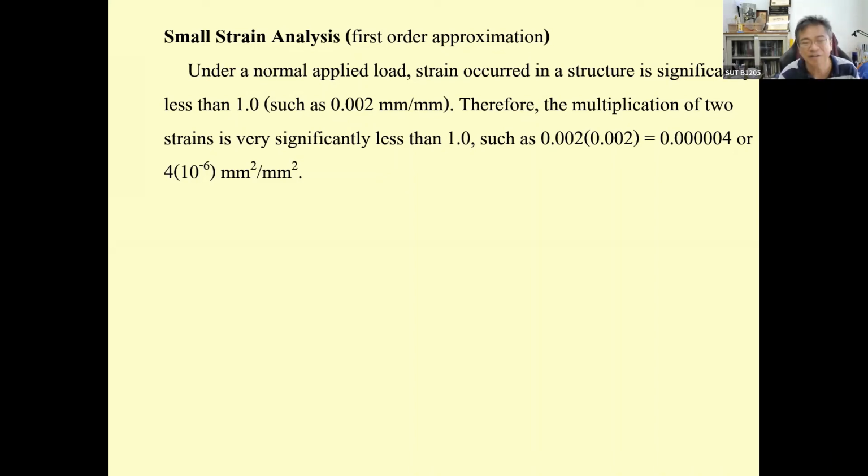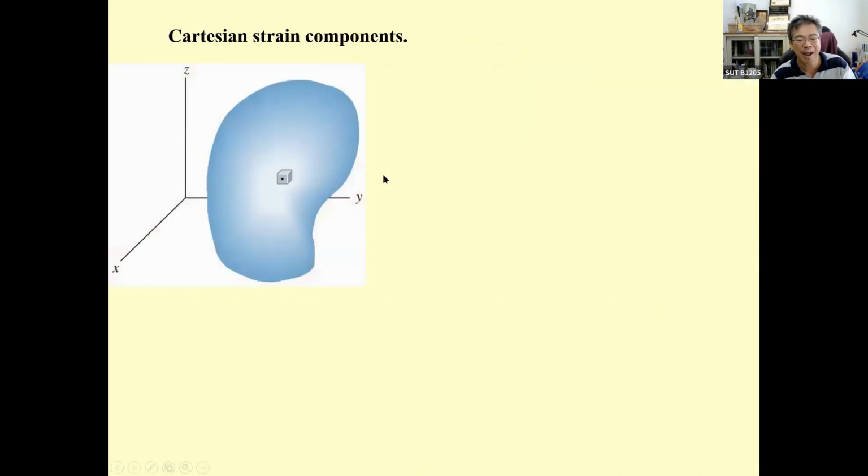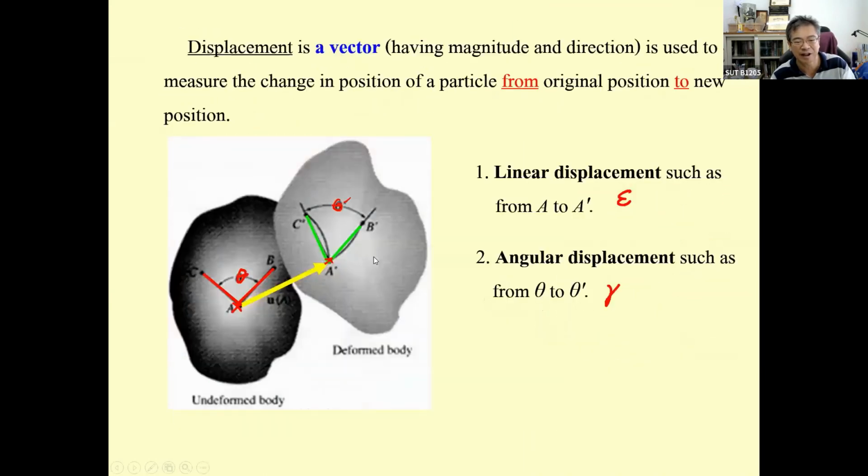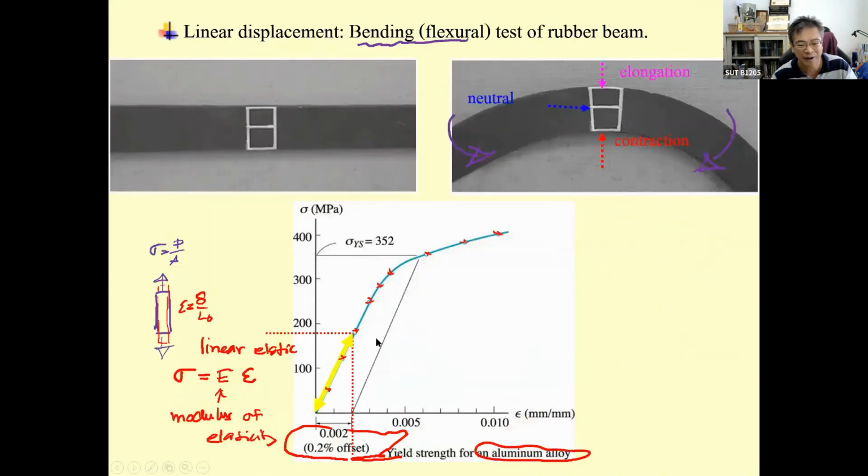So when the number is small, such as 0.002, that is small. If you come back to the strain that we discussed before, you can see that in this linear elastic range, the strain that we measure is only small, 0.002, or even at the yielding it is only about 0.006.